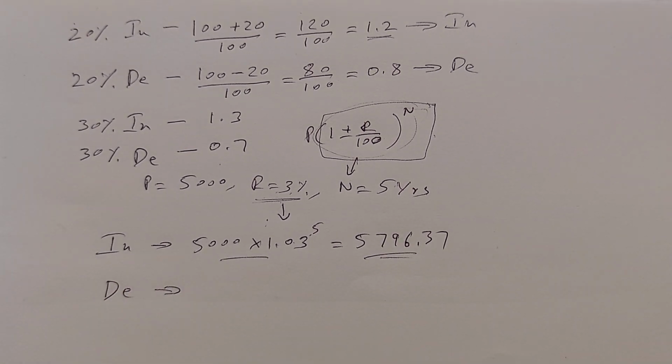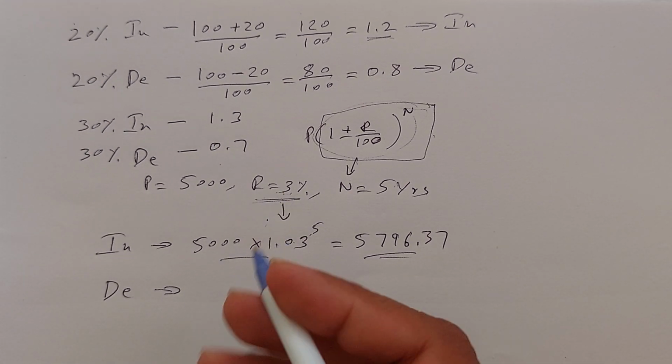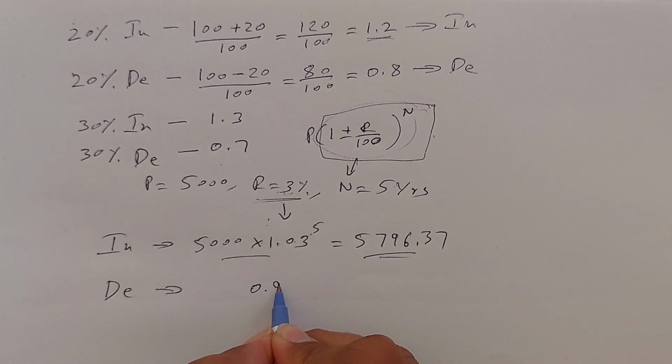If some value is decreased, what is the multiplier of 3% decrease? Decrease means minus. 100 minus 3 is 97. The 0 point should be before 97, so it's 0.97.